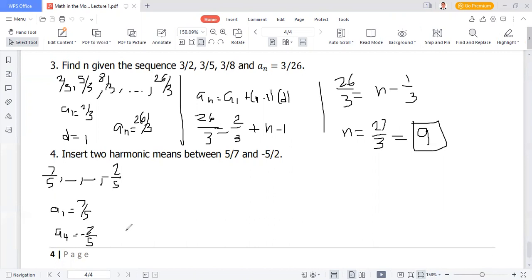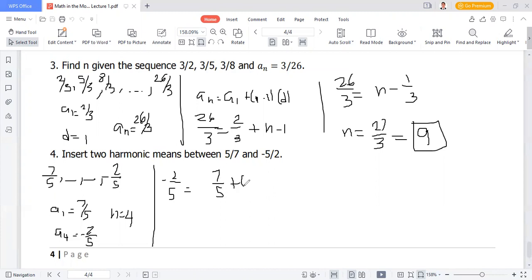And we don't know what is D, but we know we have n equals 4. So hanapin natin yung D using a sub n equals a sub 1 plus n minus 1 times D.